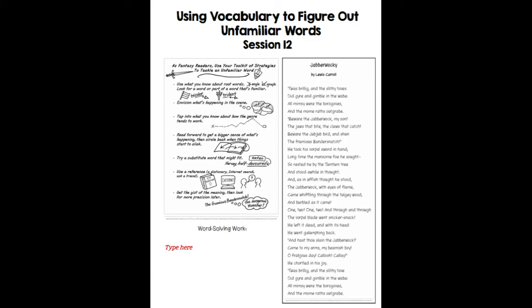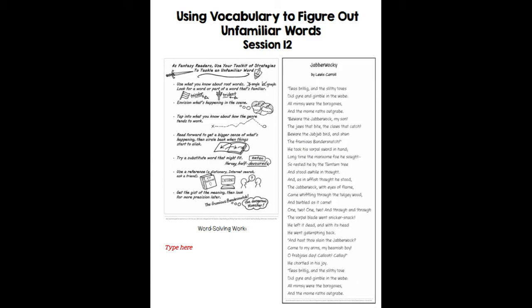And as in uffish thought he stood, the Jabberwock, with eyes of flame, came whiffling through the tulgey wood, and burbled as it came. One, two, one, two, and through and through the vorpal blade went snicker-snack. He left it dead, and with its head he went galumphing back.